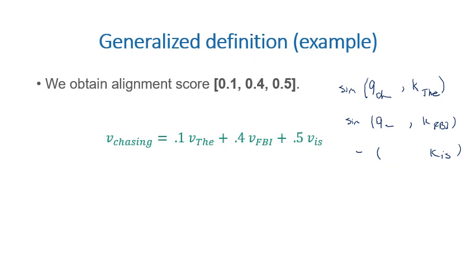You compute softmax and you get scores which sum to 1, and all of them are positive. Then you use them as coefficients of the value representations of these three words, D, FBI, is, and that's going to be the value representation of chasing.